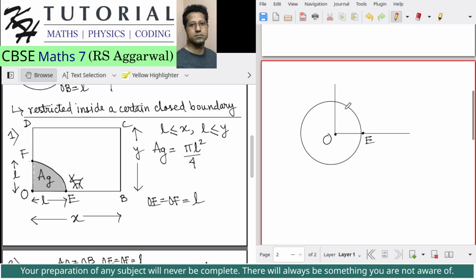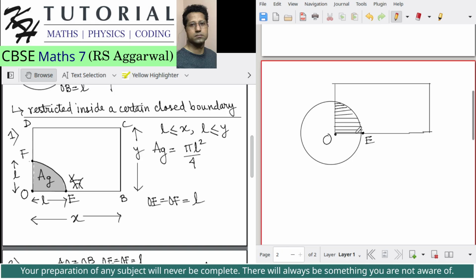And definitely the common region between this circle and the rectangle, let's say the rectangle is like this, is this part, and this shaded region will be the maximum area over which the animal can graze.